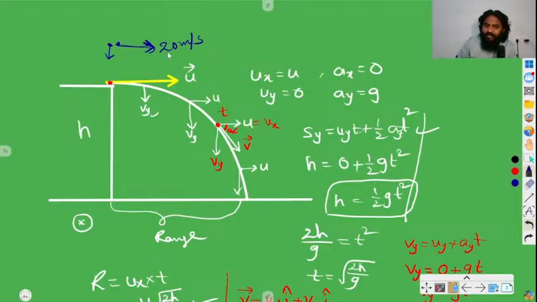Now you might feel that this object will reach the ground first. No, it's wrong. Here they both will reach the earth simultaneously, because if you observe here, for both the objects uy is equal to 0, right? If you drop vertically also uy is equal to 0, if you throw horizontally also uy is equal to 0.